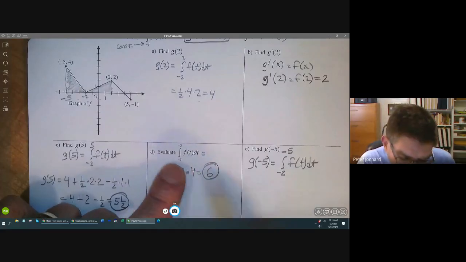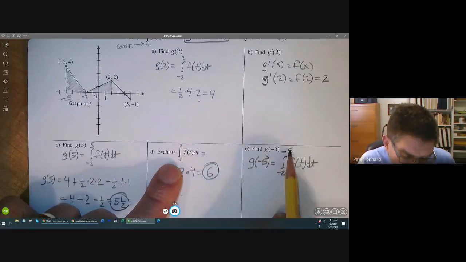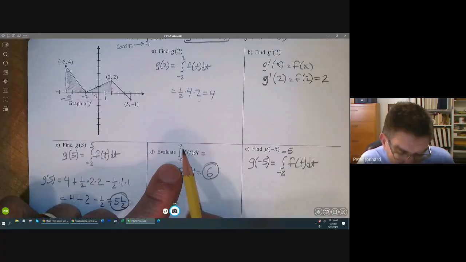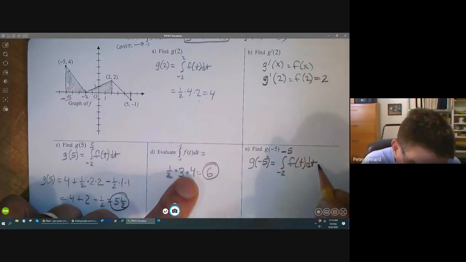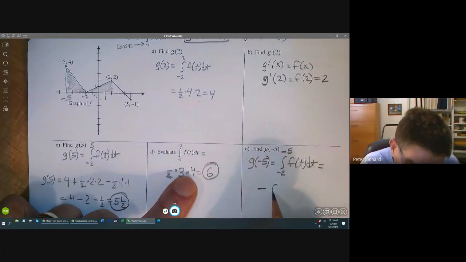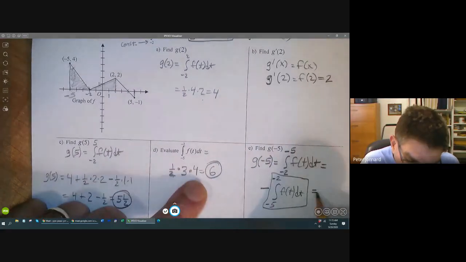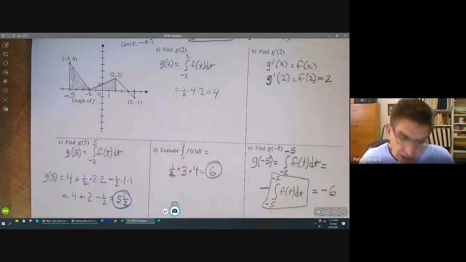Instead of going from -2 to -5, it went from -5 to -2, and that was 6. So this has to be the exact opposite of what we did earlier when you switch these from -5 to -2, f of t dt. But fortunately, we just evaluated that in the last problem, so that would equal -6.